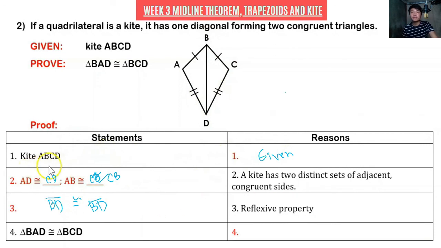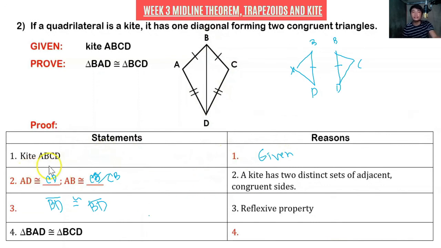Kasi pag pinaghiwalay natin, si A, B, D, dun sa kabilang triangle, which is B, D, C, reflexive siya. So, parehas lang sila. When you say BD is congruent to BD, that is reflexive property. Siguro naman, alam nyo naman yan.